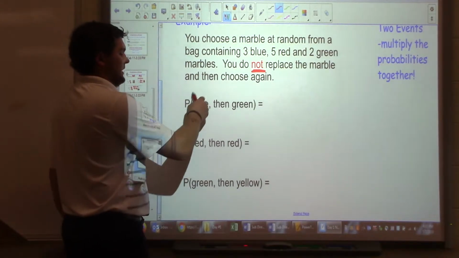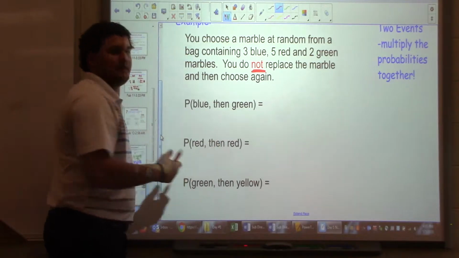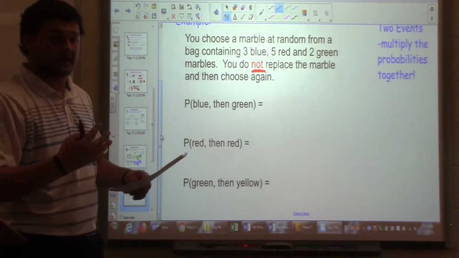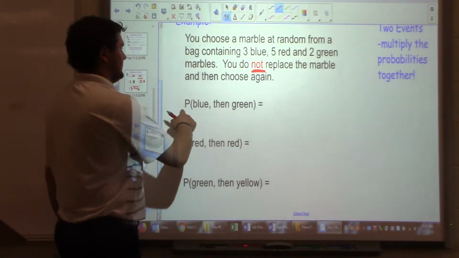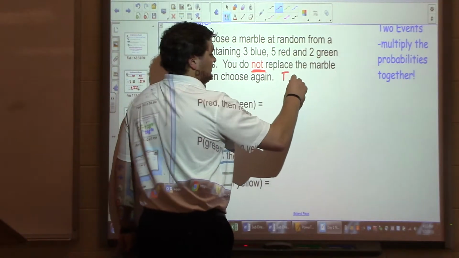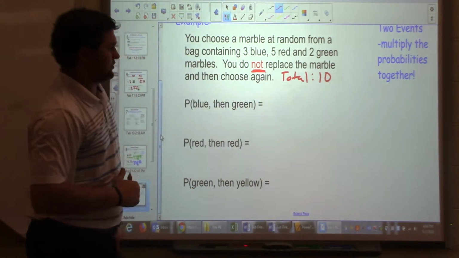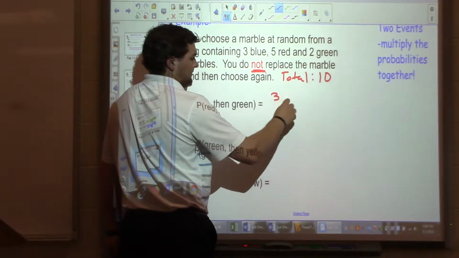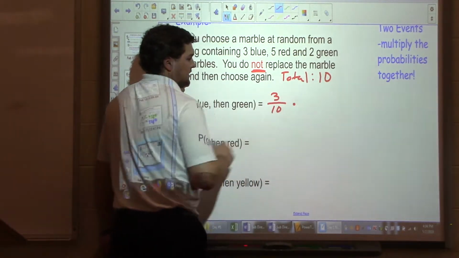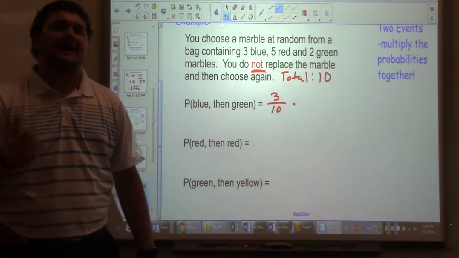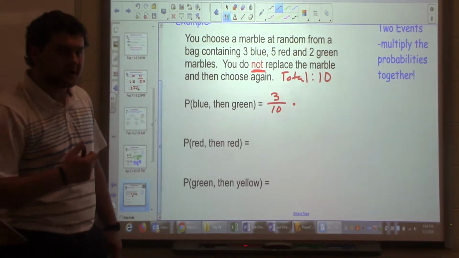So if I want to know the probability of a blue and then a green, I'm going to multiply again, right? That comma. So probability of picking a blue. Well, my total, I have 10 marbles. 3 of them are blue, so 3 out of 10. Times, after I pick the first one, I only have 9 left in the bag. I'm not putting that first one back in.